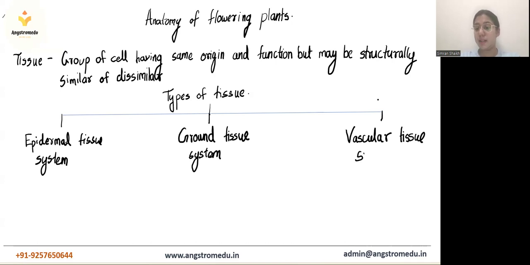So let's learn every system one by one in a brief manner. I think you understand what tissues are. They are simply a group of cells.